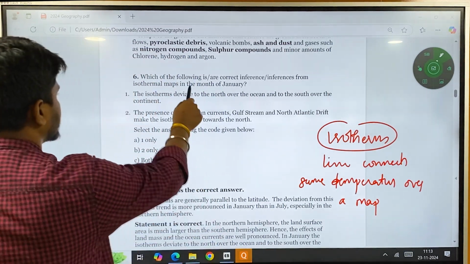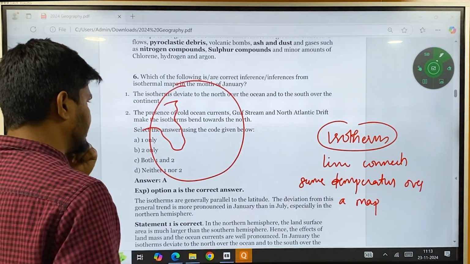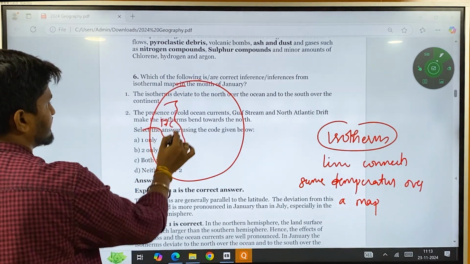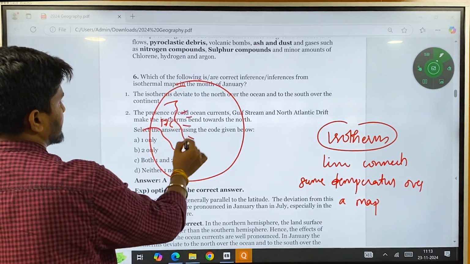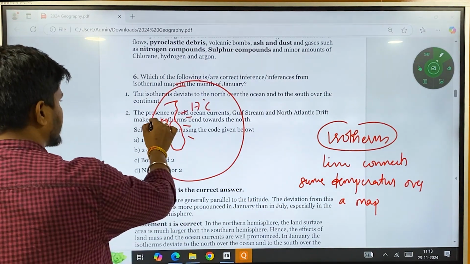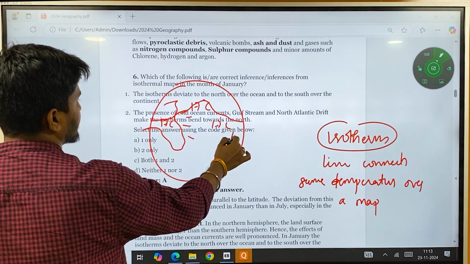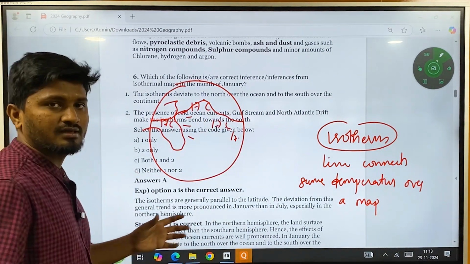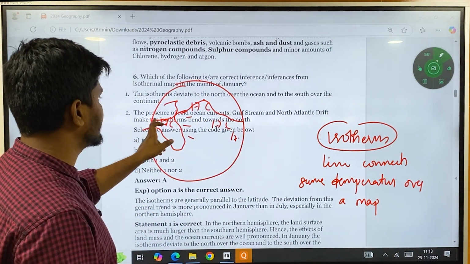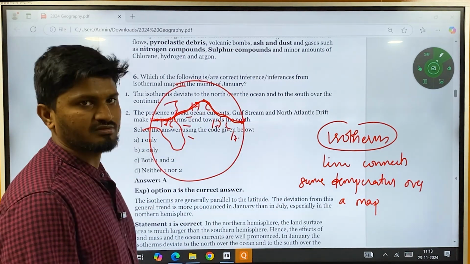If this is the Earth and this is a continent, if there is a temperature of 17 degrees here, and if this is the ocean, the temperature of 17 degrees will be somewhere else. So if you connect these points, 17 degrees here, 17 degrees here, the line connecting all the similar temperatures is called an isotherm.